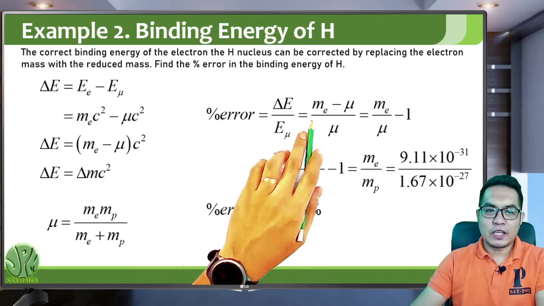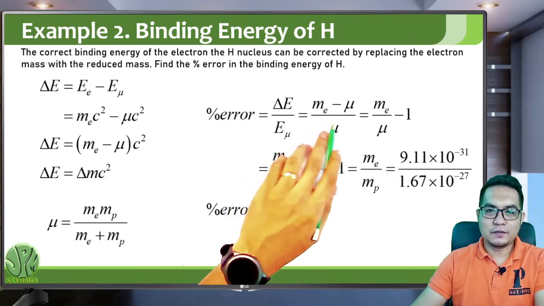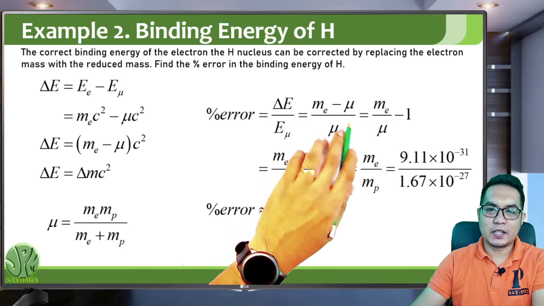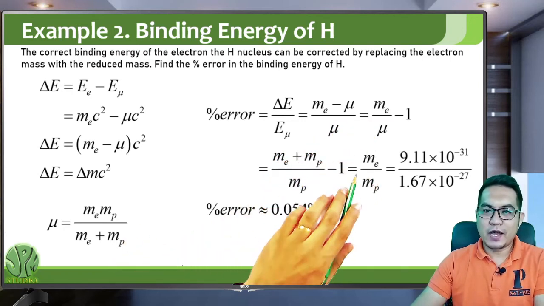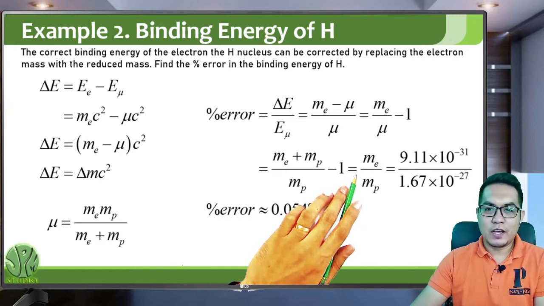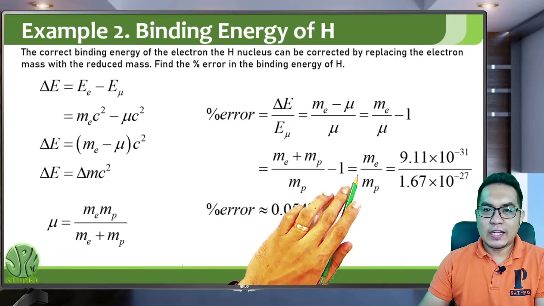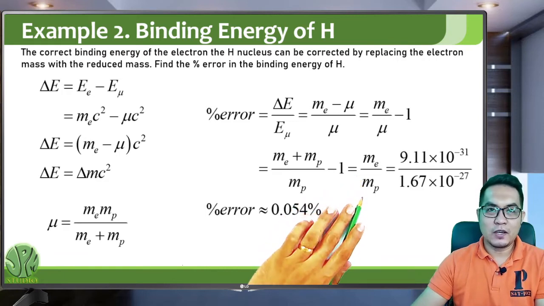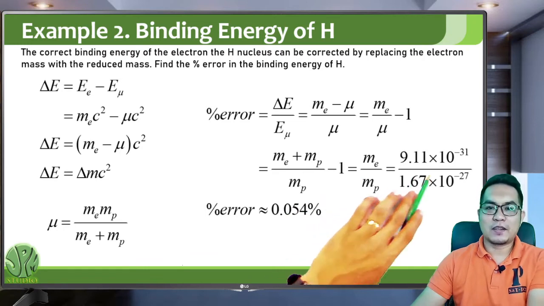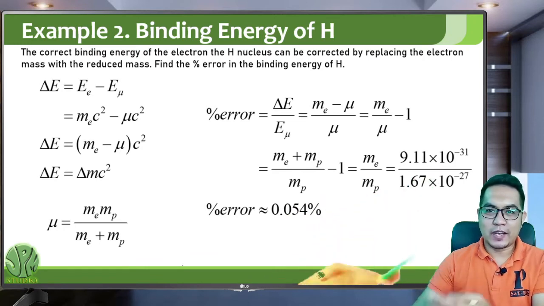So you substitute that one, c squared will cancel each other out. You substitute mu, and you will get that the percent error only depends on the ratio of the mass of the electron over the mass of the proton. So the mass of the electron is this one, it's 10 to the power negative 31.